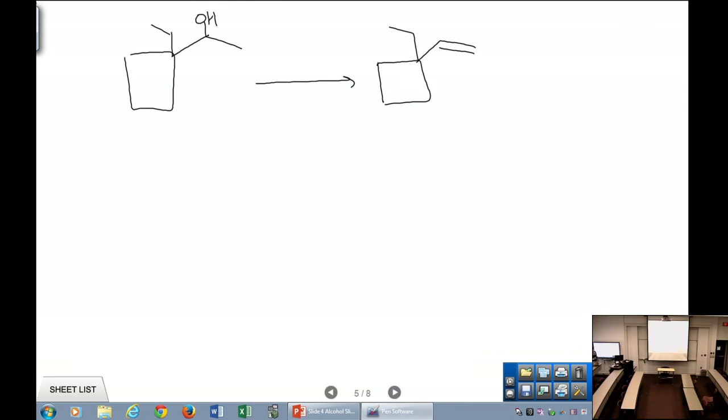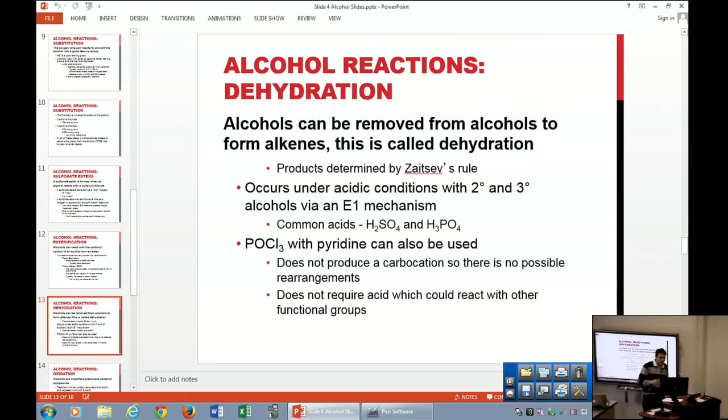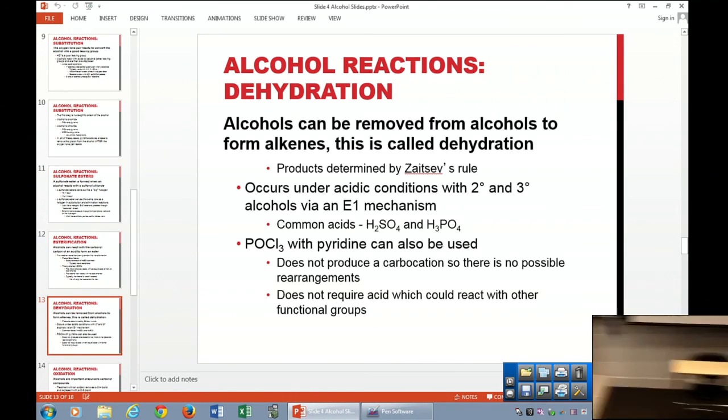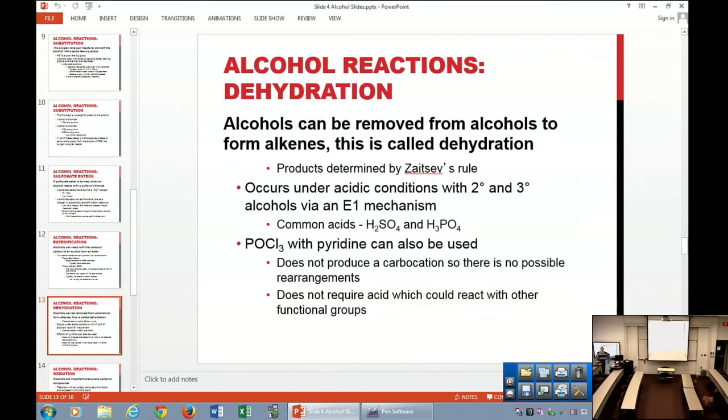We saw that if you use sulfuric acid or phosphoric acid, you'll make a carbocation and it won't work. But what you can do is use phosphorus oxychloride and pyridine to do this elimination. This does not go through a carbocation, so you don't have to worry about any additional reactions.